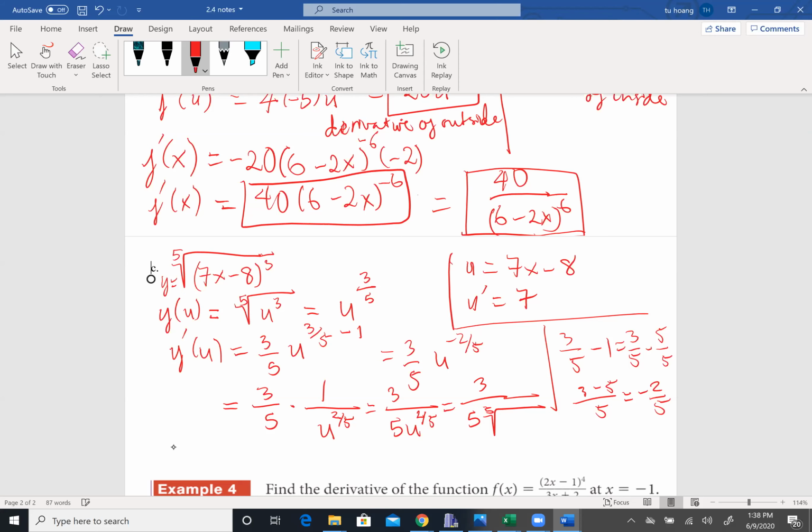Okay, remember the denominator of the power is going to be the index of the root, and multiply with u to the power 2, because the numerator is going to be the power of the radical.